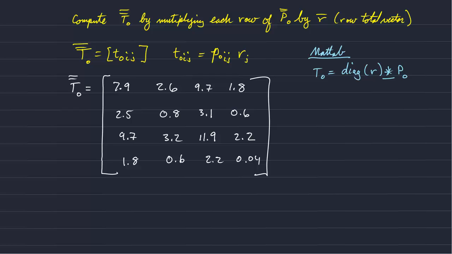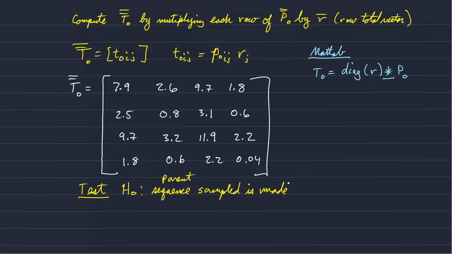So finally, we can do our test. Let's say our null hypothesis is that the parent sequence sampled is made of lithologies that are independent of each other.